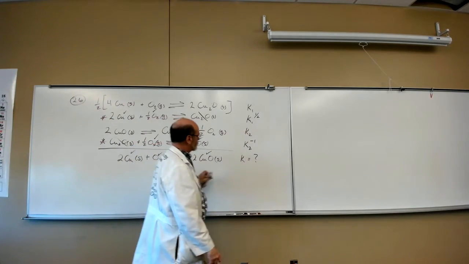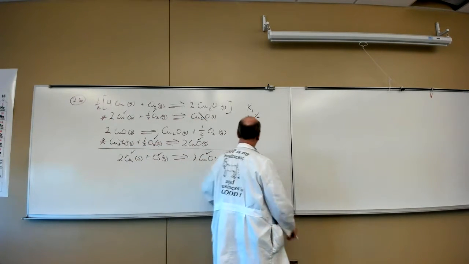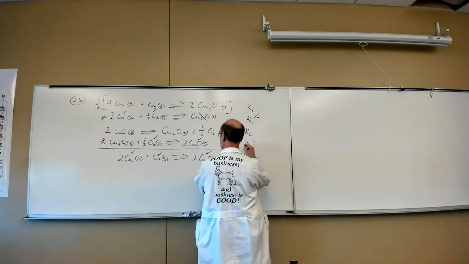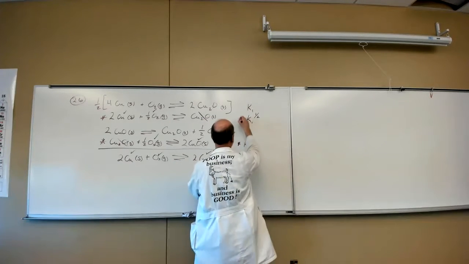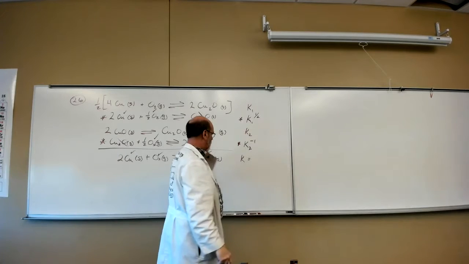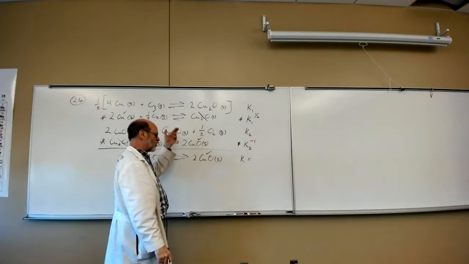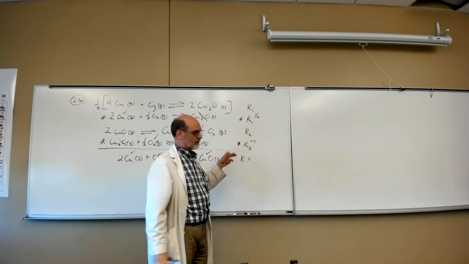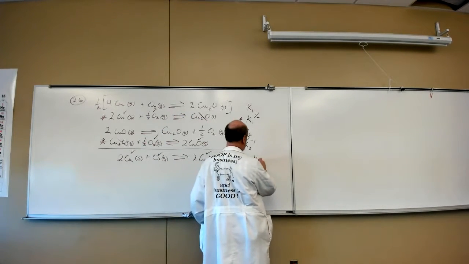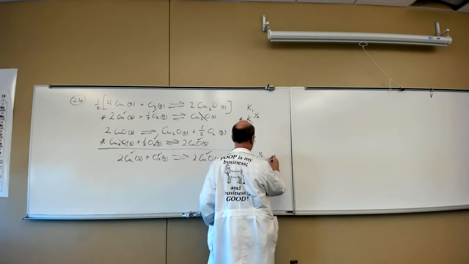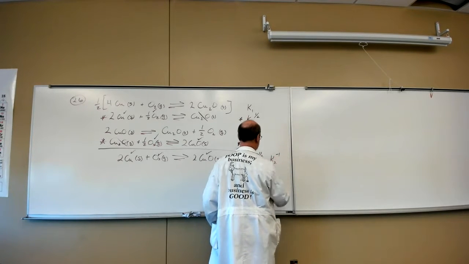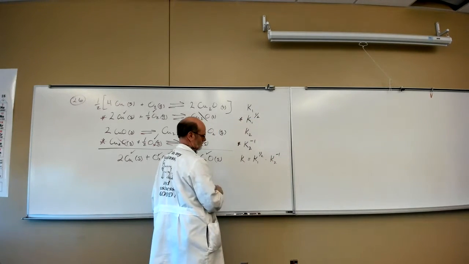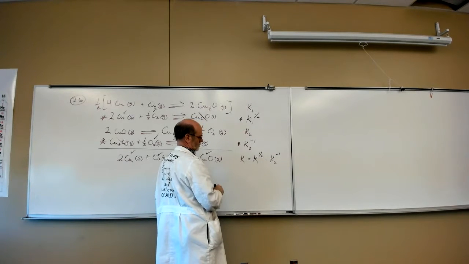And then what happens to, let's see, we're going to use this one and this one. So what happens to the K value when you add equations together? You multiply the K's together. So K1 to the half times K2 to the minus 1. Right.